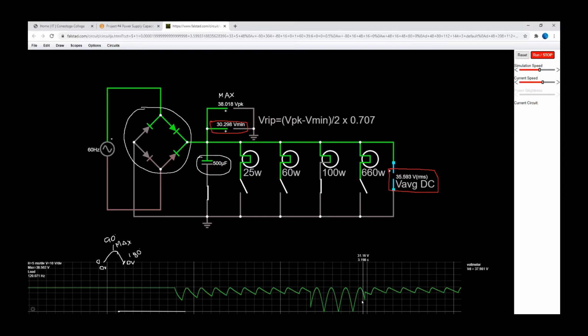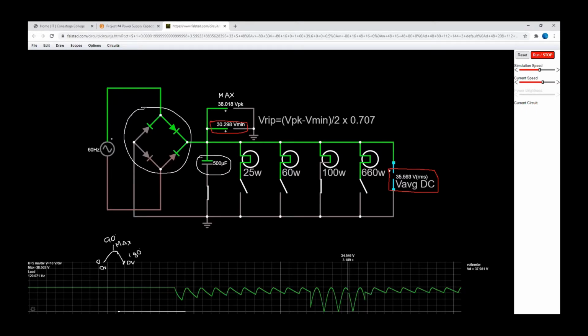However, now we have a little trick, which is that by using a capacitor, the capacitor is going to store energy in an electrostatic field. The capacitor will behave like a battery that we can charge instantly. Once we charge that capacitor, then the capacitor is going to hold the charge.